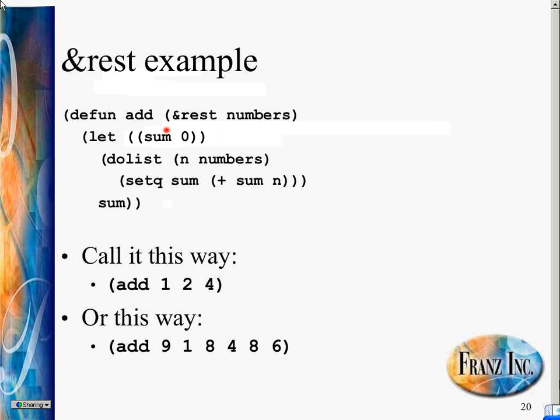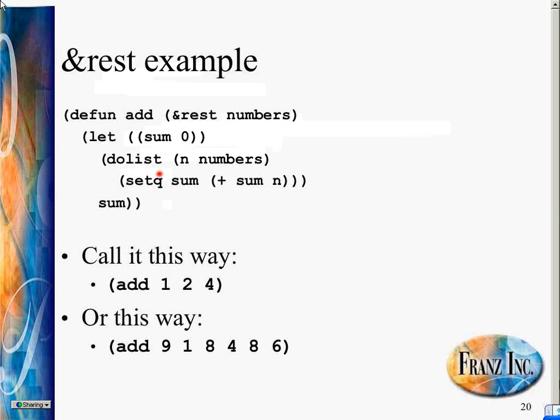So here we have add, and it takes any number of arguments, which are all supposed to be numbers, and what the system does is it takes all of those rest arguments, as they're called, and bundles them up into a list. So the value of the argument numbers, once the function has been called, is a list of all the additional arguments that were supplied.